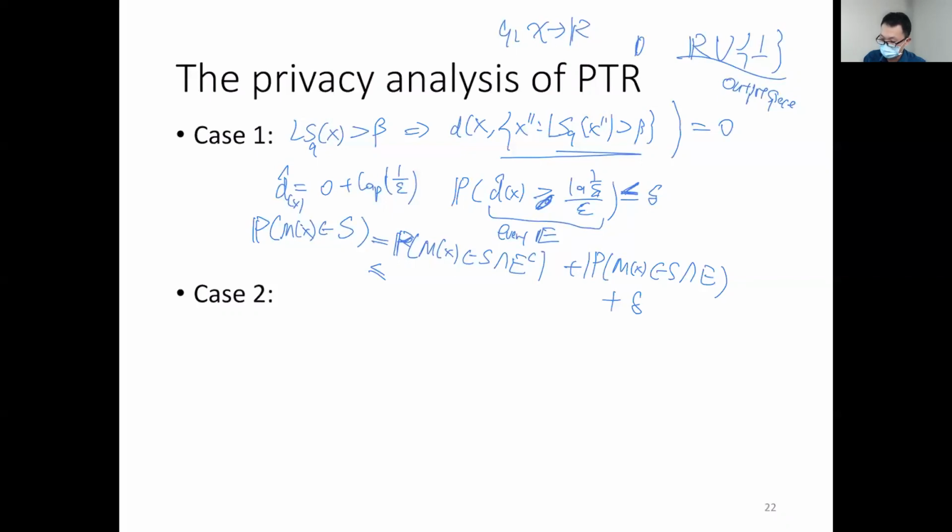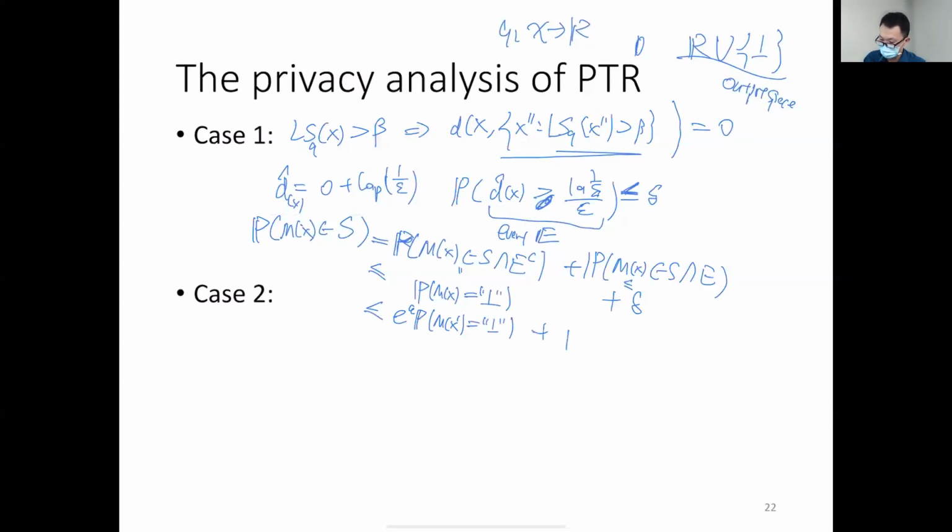So this part is equal to the probability that M of X is perp. Because the choice of getting to this perp is a decision determined by adding Laplace noise, by the post-processing principle, this is smaller than e to the power of epsilon times the probability that M of X prime is equal to perp.